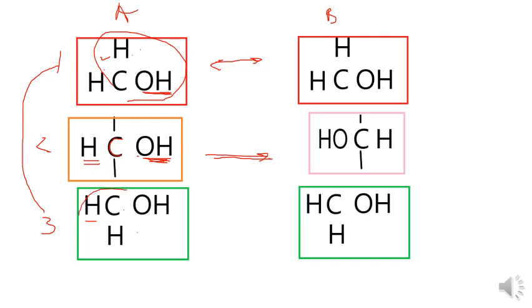This carbon has this thing attached and this thing attached, which are exactly the same, plus the OH and H. So it has two same things and two different things. So yes, these two structures are exactly the same. It doesn't matter.